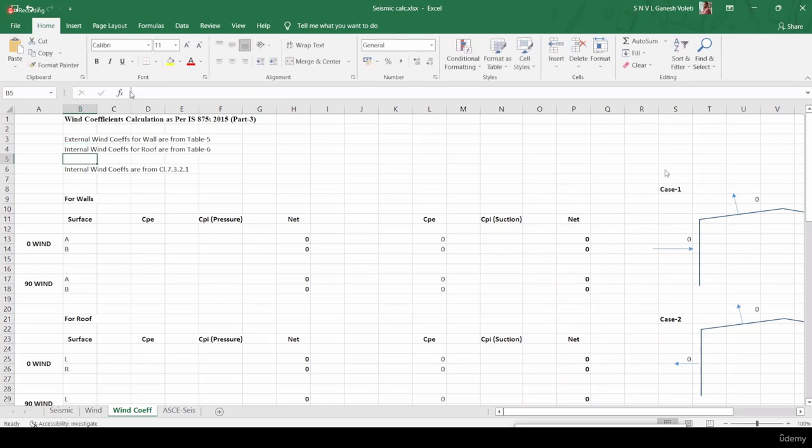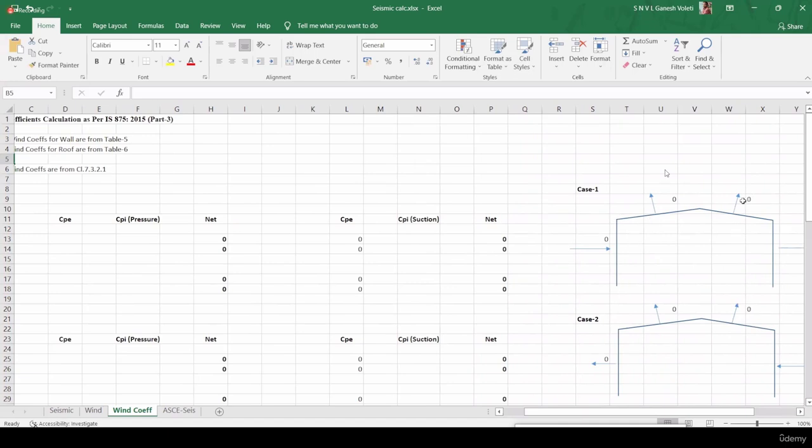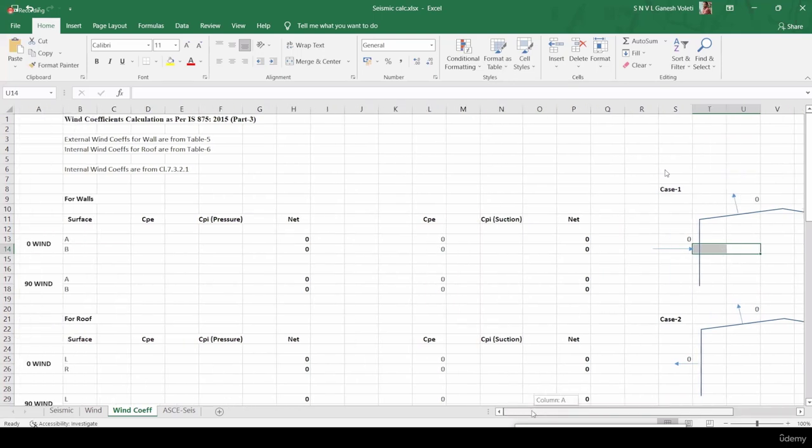An external wind coefficient is a coefficient applied from the outside surface of the building. Suppose we take this as a frame: if the coefficient is applied from the outside of the building, it is the external coefficient, and if it is applied from the inside of the building, it is called the internal wind coefficient.